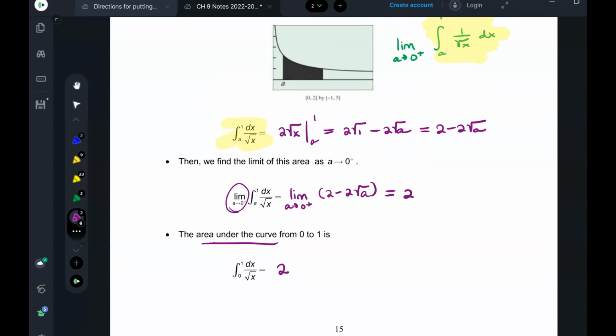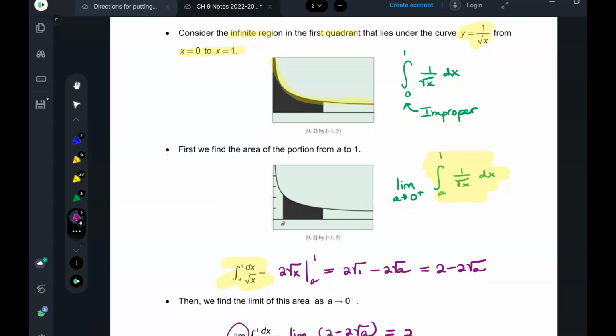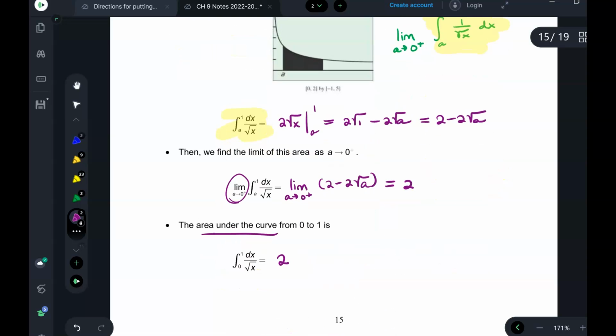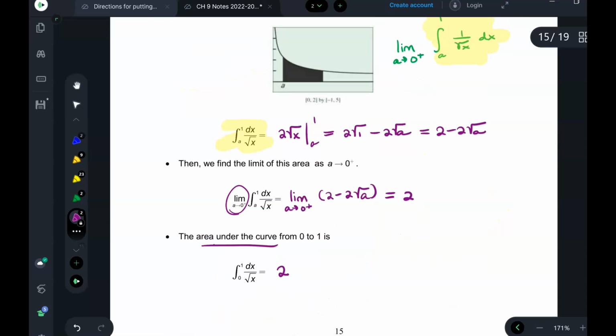Which, again, if you think about it, that's kind of strange, because we're basically saying this is infinite, but remember, it's getting infinitely closer and closer to the y-axis. So even though it's got an infinite region, as we look at the limit of that, it has a finite area, which is 2.